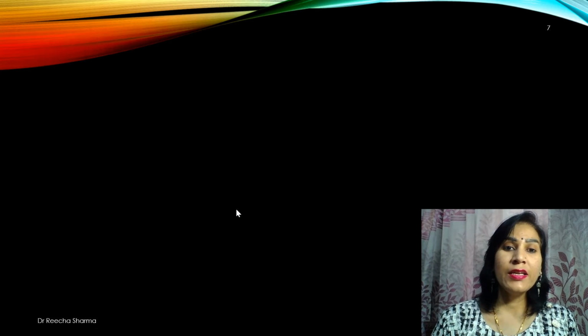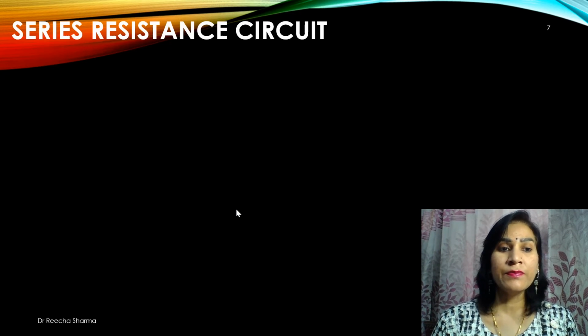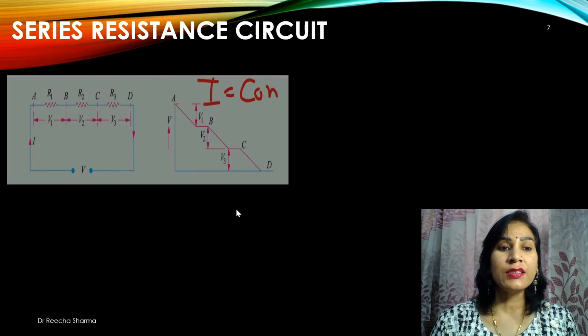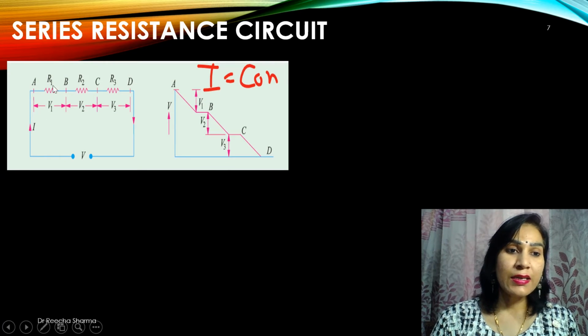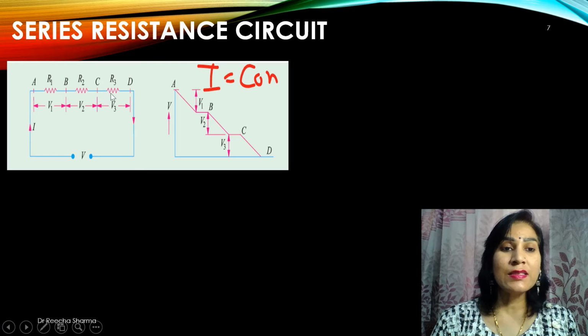In the next slide we will discuss what we mean by the series resistance circuit. A series circuit is when the resistances are connected one after the other, R1, R2 and R3. The end point of R1 is connected to the starting point of R2, and the end point of R2 is connected to the starting point of R3.